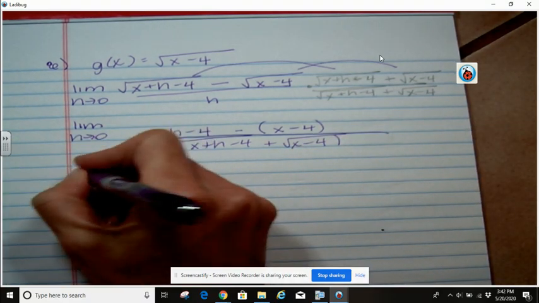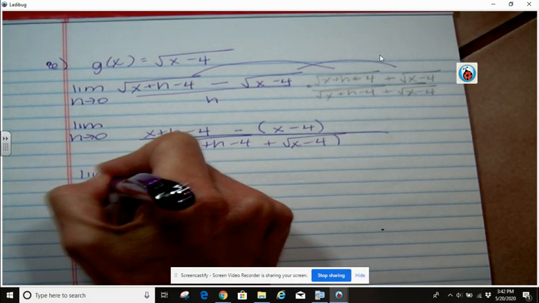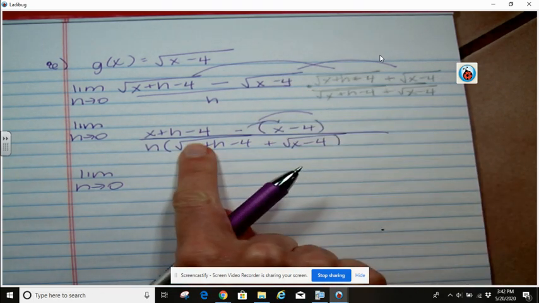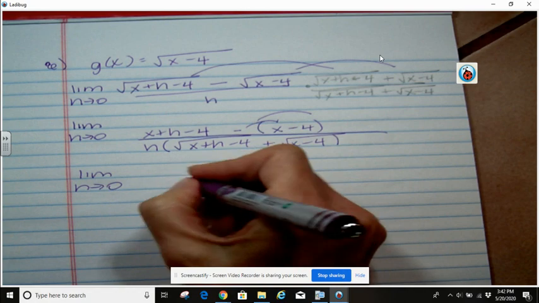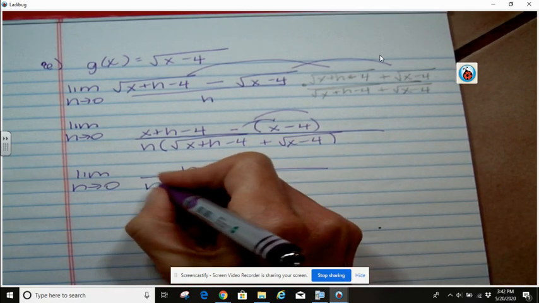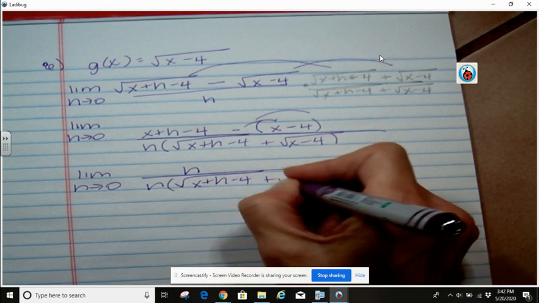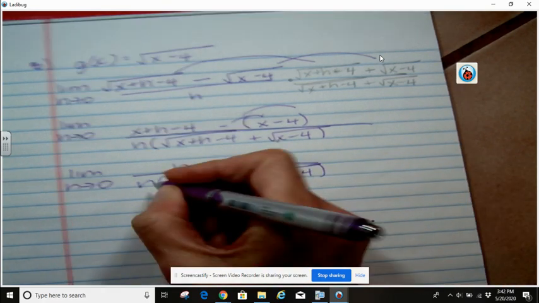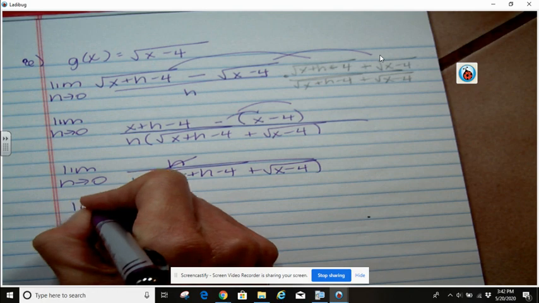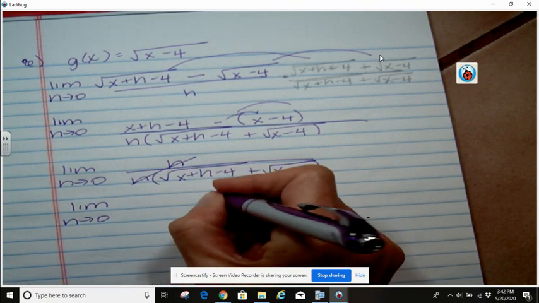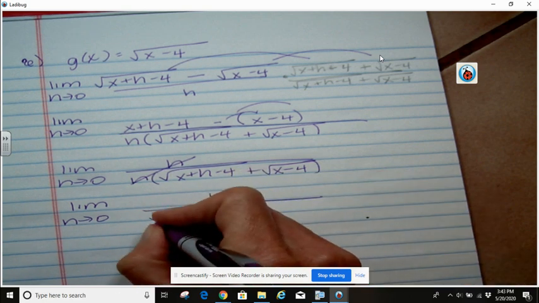And you should be able to see that in the numerator, you have x minus x and negative 4 plus 4. So that numerator just simplifies to h, which cancels with the h in the denominator. So the limit as h approaches 0 of 1 over the conjugate.